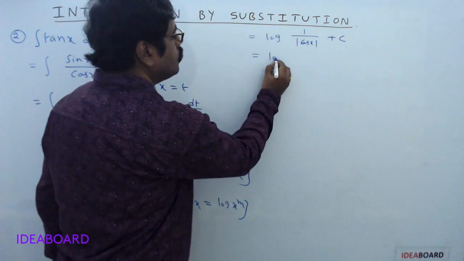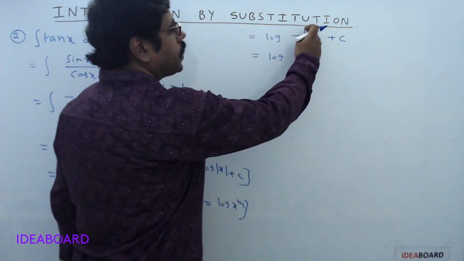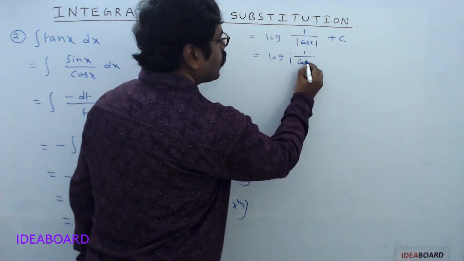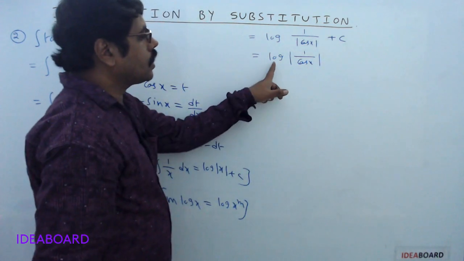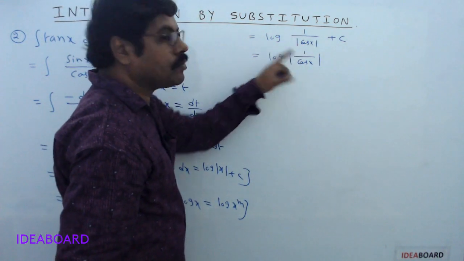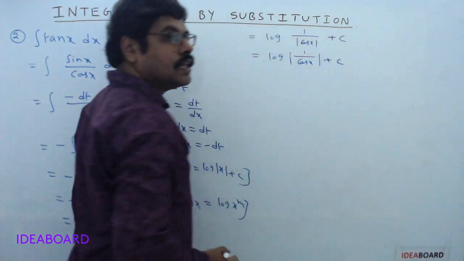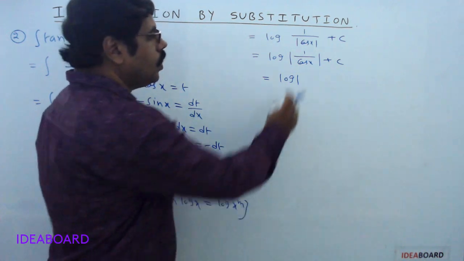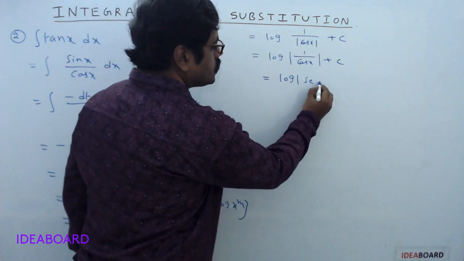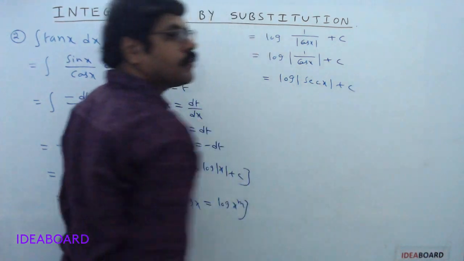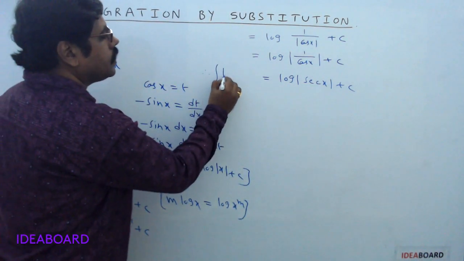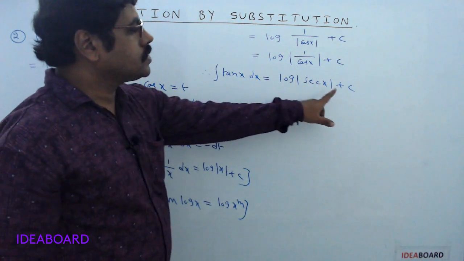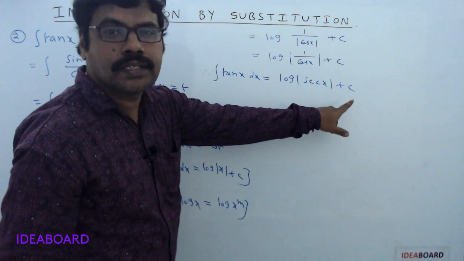Now logarithm of 1 divided by mod cos x can also be written as logarithm of modulus of 1 by cos x. It becomes secant x plus c. So therefore integral tan x dx equals log mod secant x plus c.